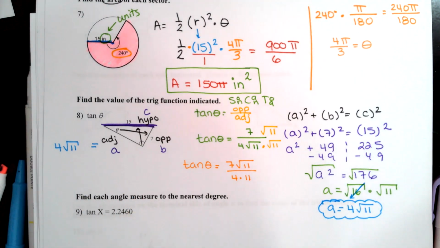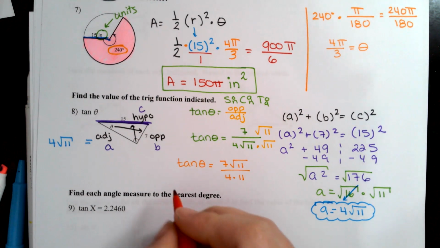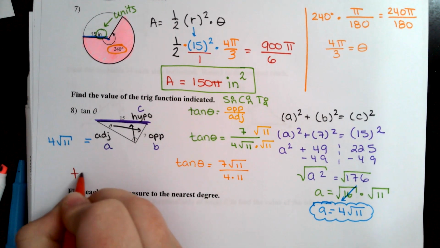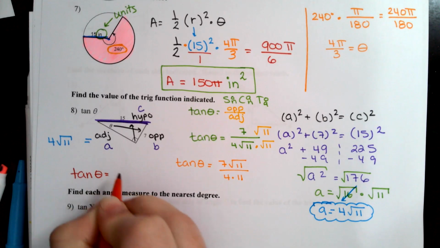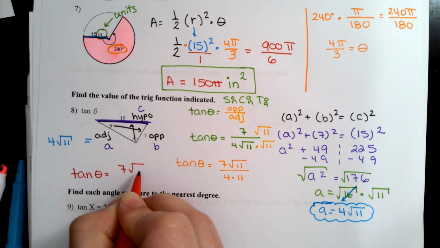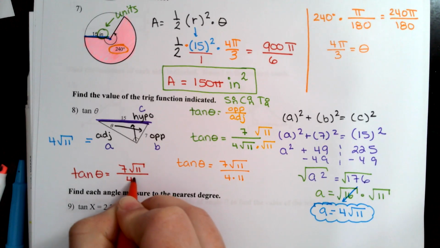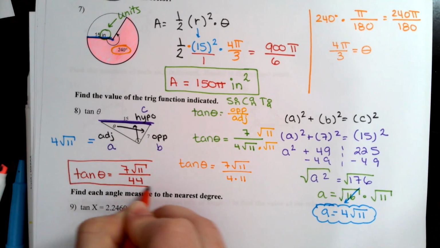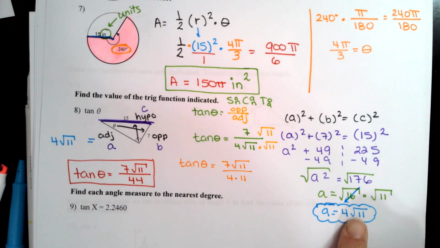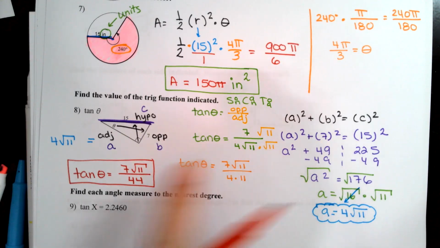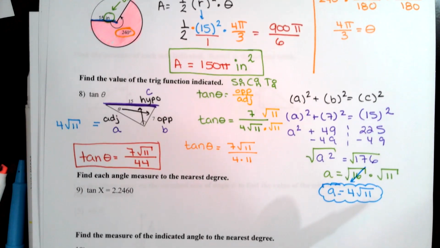I'm running out of space to write these answers, but let's make it work. Tangent of theta is equal to 7 root 11 over 44. This right here is your answer. So make sure you simplify your radical and rationalize the denominator for your answer of opposite over adjacent.